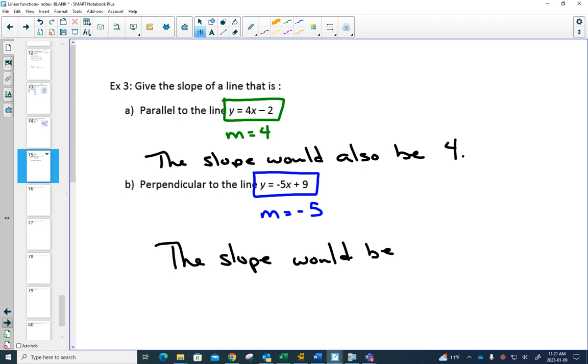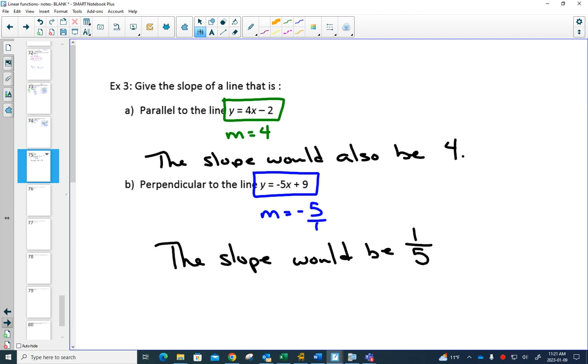Now, this one is confusing because it's not a fraction, but you can make it a fraction. How can I write 5 as a fraction? I could write it as 5 over 1. So when I do the reciprocal, I'll get 1 over 5. So I need to flip the fraction.